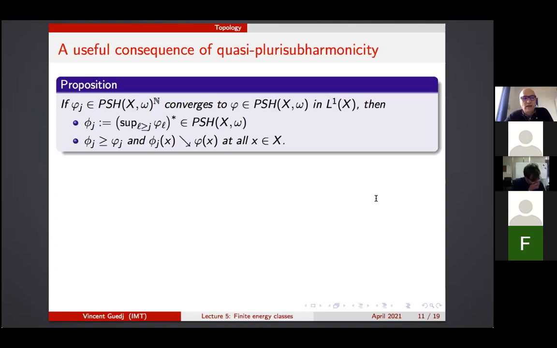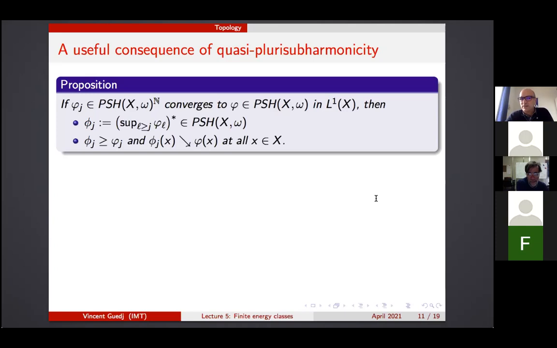So in other words, as I explained on various occasions, it's quite useful to have sequences that do better than converge in L1. We are more comfortable with the continuity properties of the Monge-Ampère operator if a sequence decreases towards its limit.